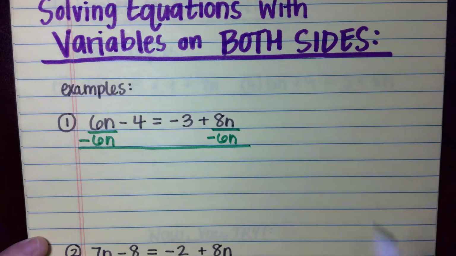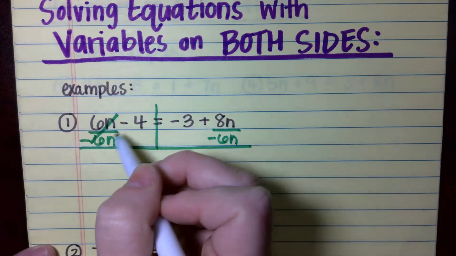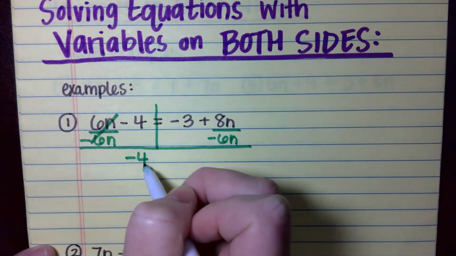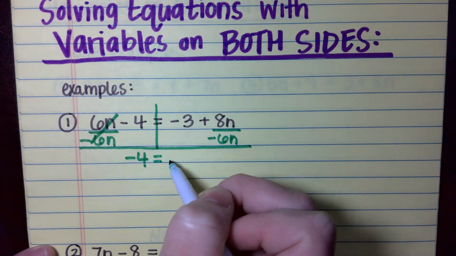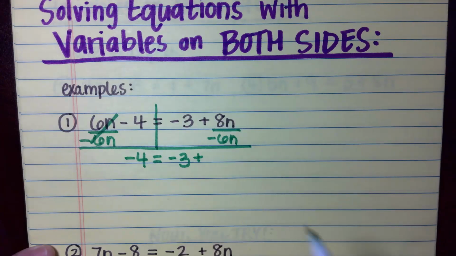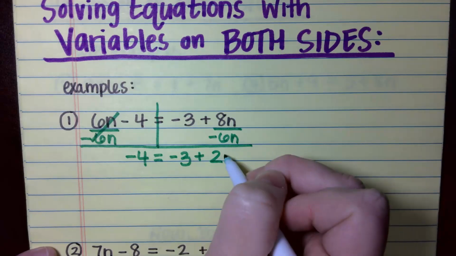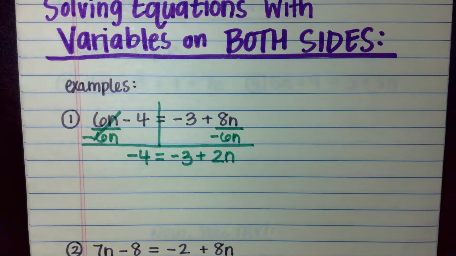So let's try that. 6n is gone over here. And I'm going to bring down what I have left. I've got -4 equals -3 plus, what's 8 minus 6? 2. So now I have -4 equals -3 plus 2n.